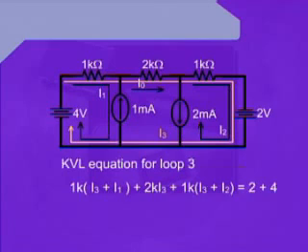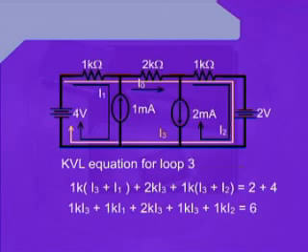So after writing 1k into I3 plus I1, we can write plus 2k I3 plus 1k into I3 plus I2 equals 2 plus 4. Further simplifying, we can write 1k I3 plus 1k I1 plus 2k I3 plus 1k I3 plus 1k I2 equals 6.